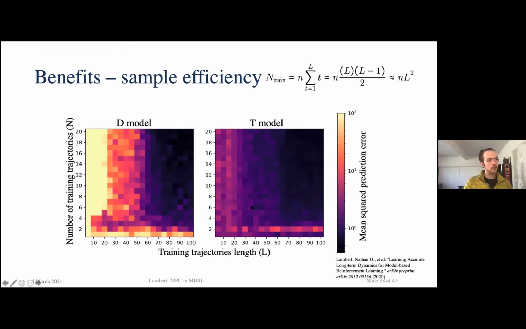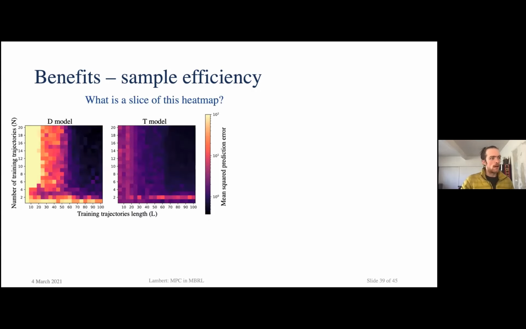Darker here is better, and generally the trajectory-based model, if you look at it as a whole, is much darker. It's doing better, but something generally useful for anyone thinking about RL is how this evolves over time. So if you take slices of this heat map, say this is a specific trajectory length, that could be the length of an episode in your trial.